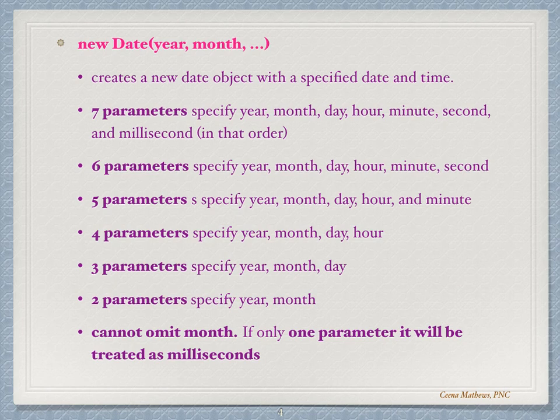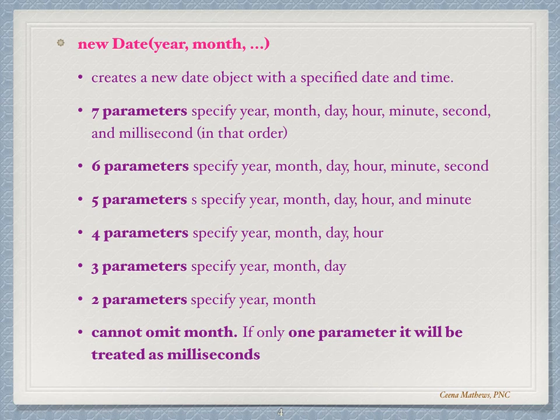Next, Date object creation using 7 parameters. Here it creates a new Date object with a specified date and time. You can specify within brackets the year, month and other details. If 7 parameters are used, it specifies year, month, day, hour, minute, second and millisecond.